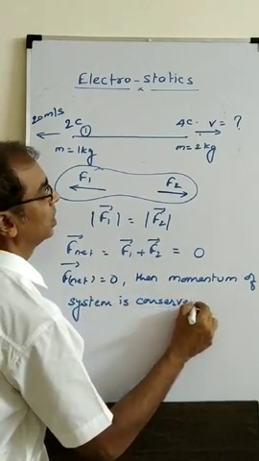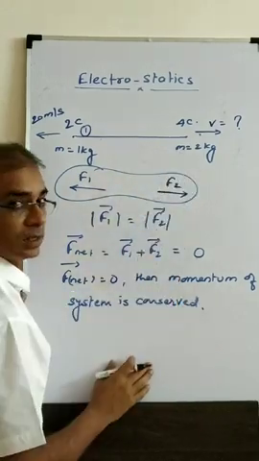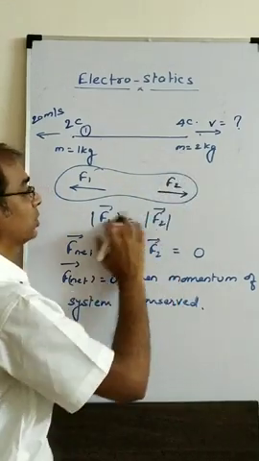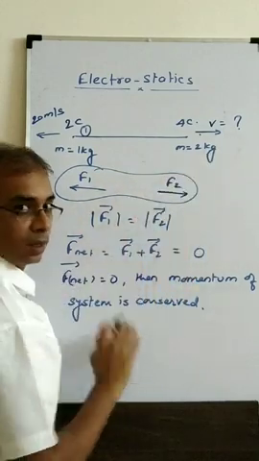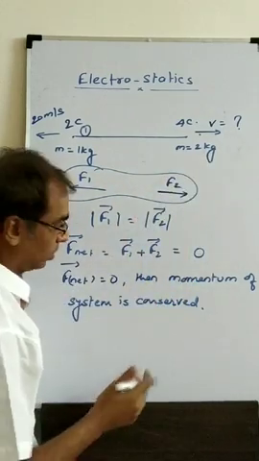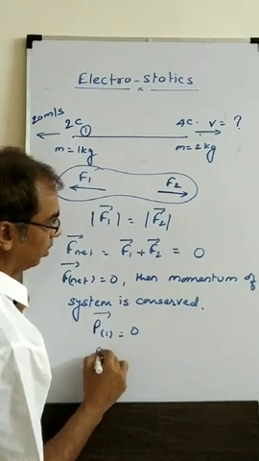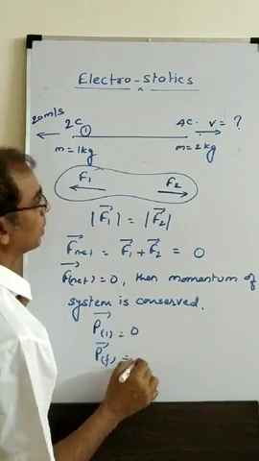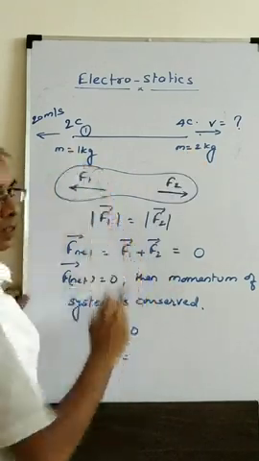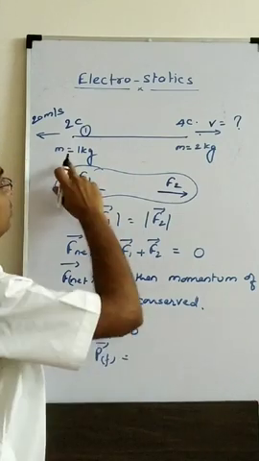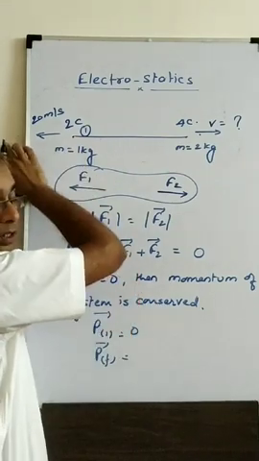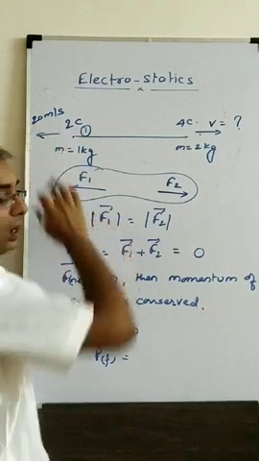So what is the initial momentum in the system? 0, because only after the force started acting did they start moving. Initially the momentum was 0. Final momentum is the momentum of this plus the momentum of this. The momentum of this is towards the negative direction, towards the left, so I am taking it negative.